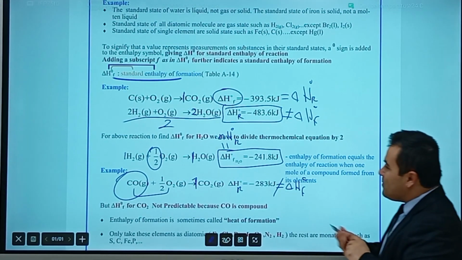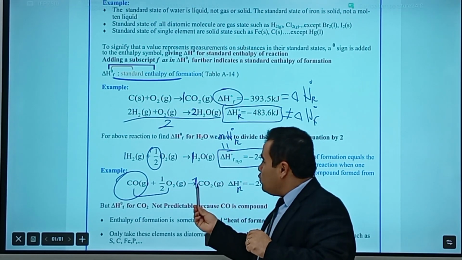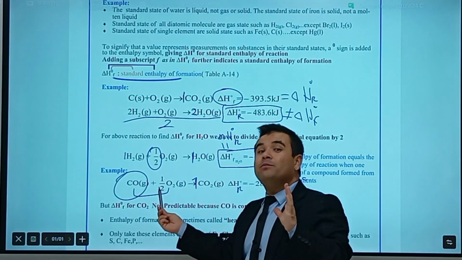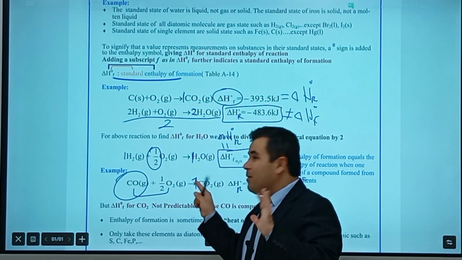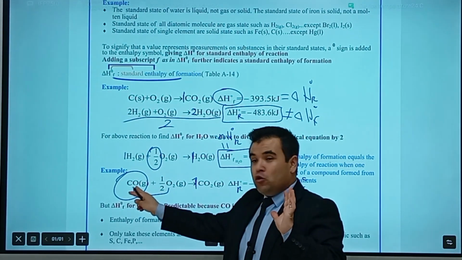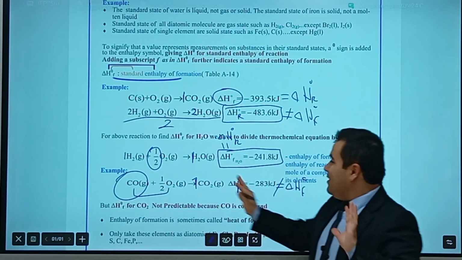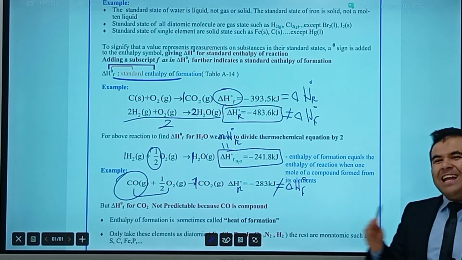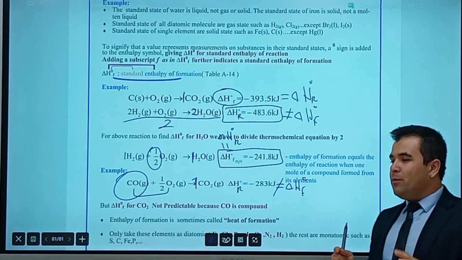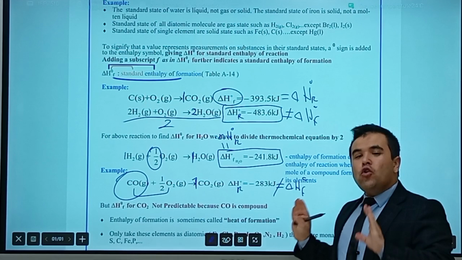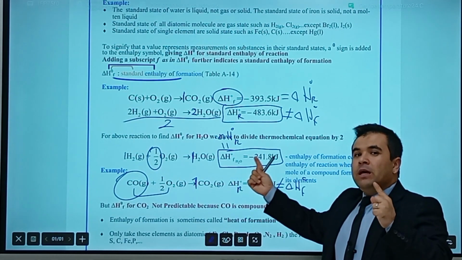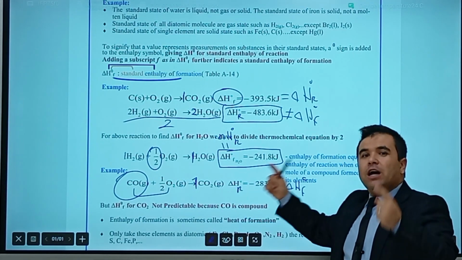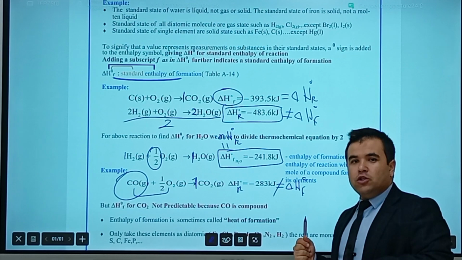Why? Because 1 mole of compound is formed, but not from the elements. The elements are carbon and oxygen. This is carbon monoxide and oxygen. In this case, the enthalpy of reaction cannot be equal to the enthalpy of formation, and there is no way to change the condition of this reaction to equalize them.